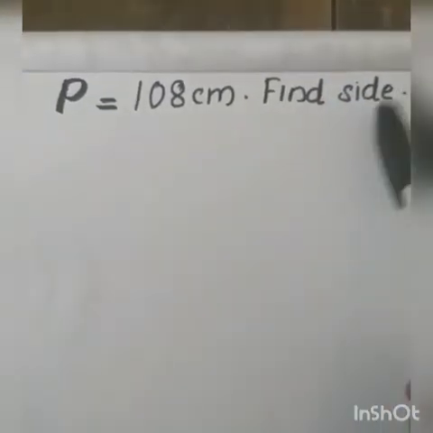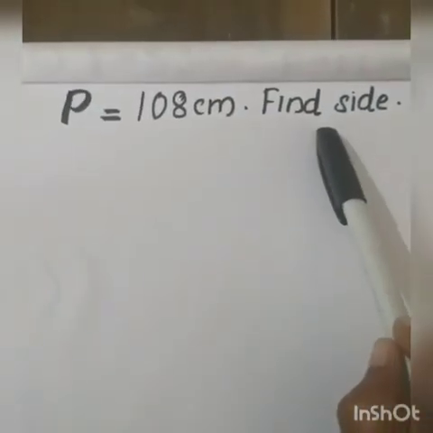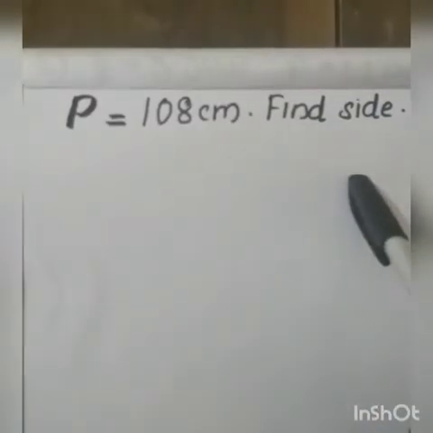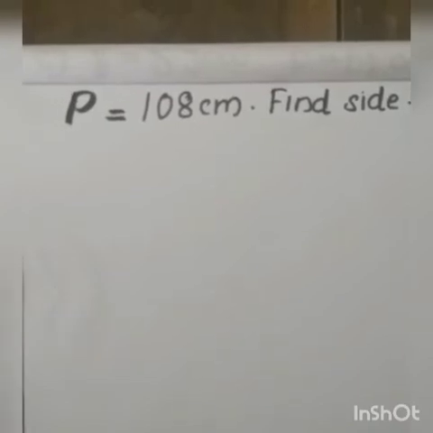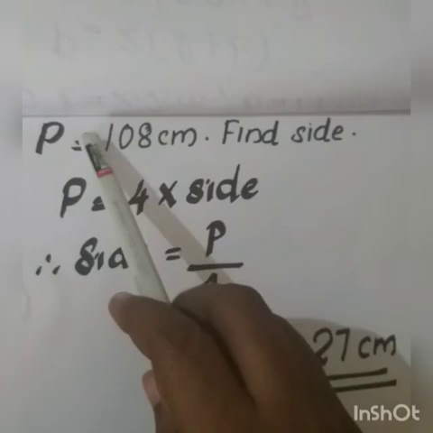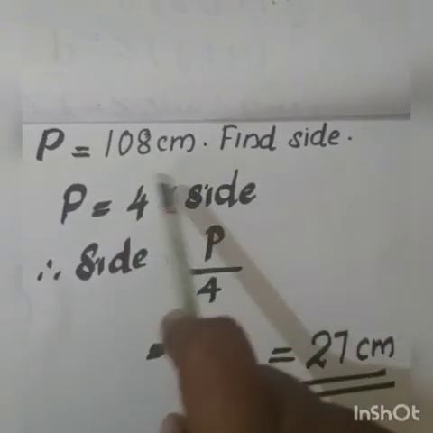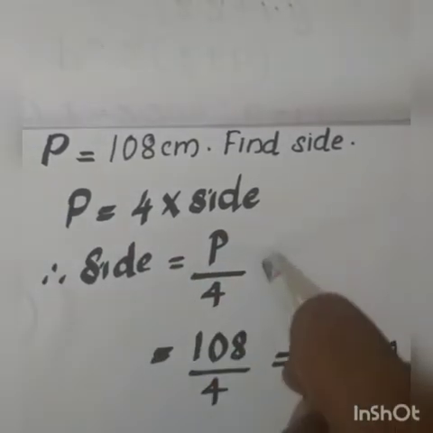We have to find the side. So, what is the relation between perimeter and side? You know, perimeter is equal to 4 into side. Using that expression, we can find out the value of side. How? We know perimeter is equal to 4 into side. From this equation we have side is equal to perimeter divided by 4.